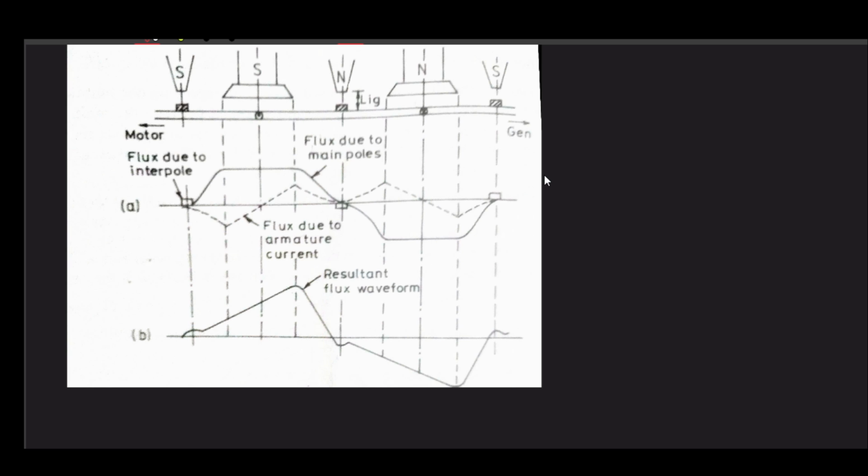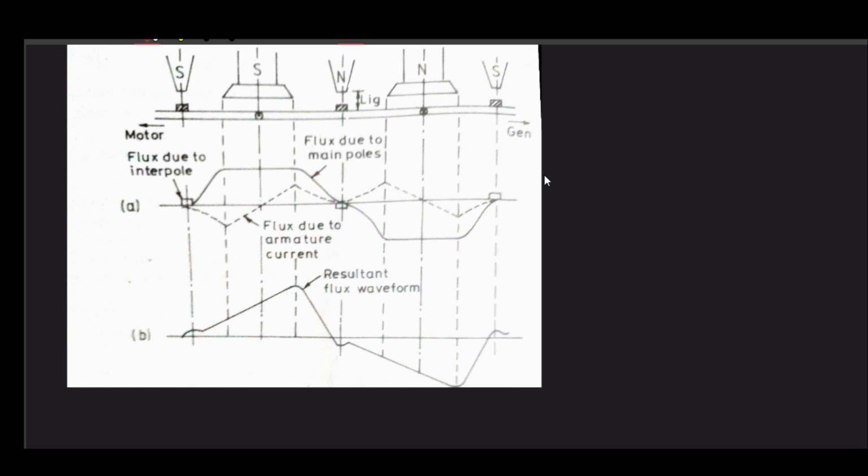Now what we know is that in the case of a generator, it should be the leading pole tips, if you consider a generator.